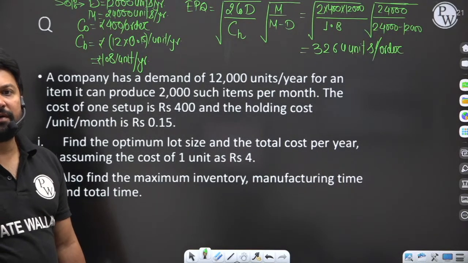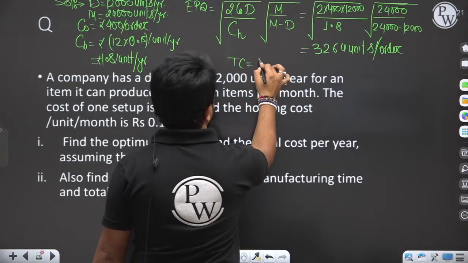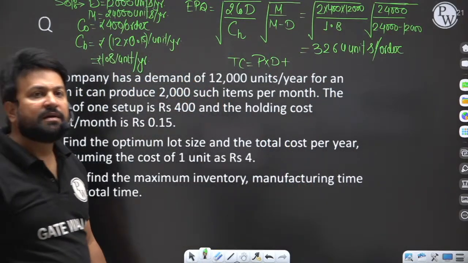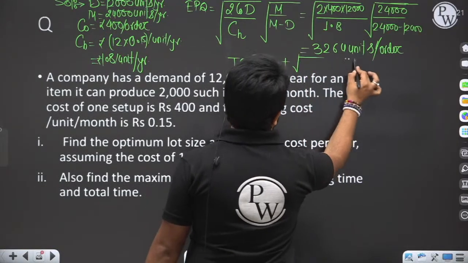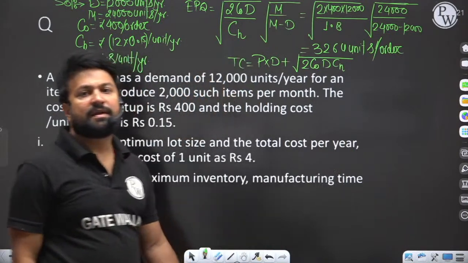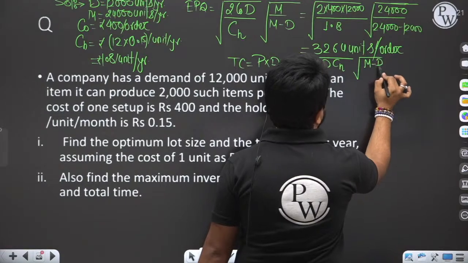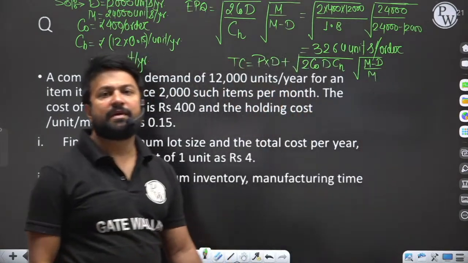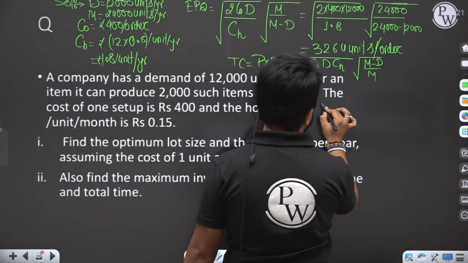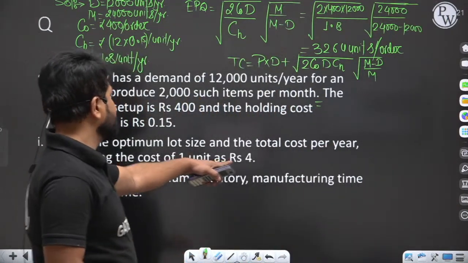Even if you want the total cost, the total cost is purchasing price into demand, plus root of 2 C naught D into CH multiplied by M minus D divided by M. So here it is P into D, where P is the purchasing price, which is given as 4 rupees.